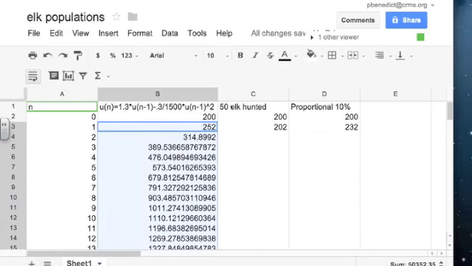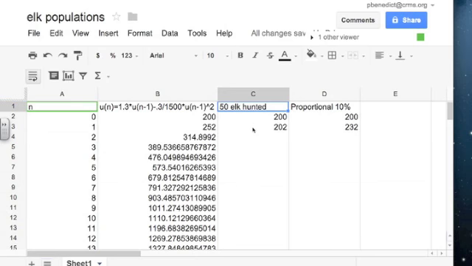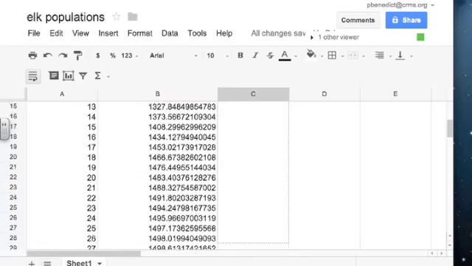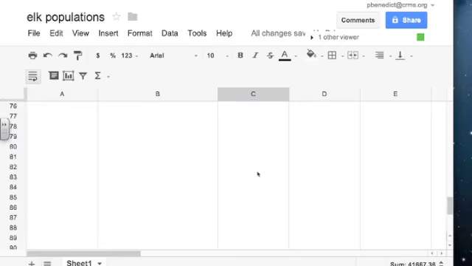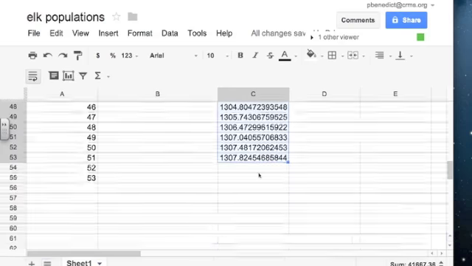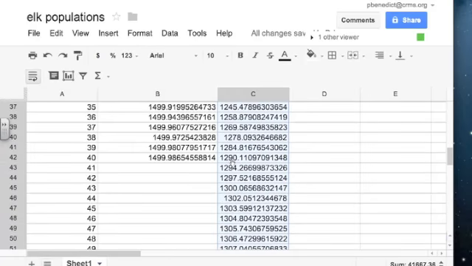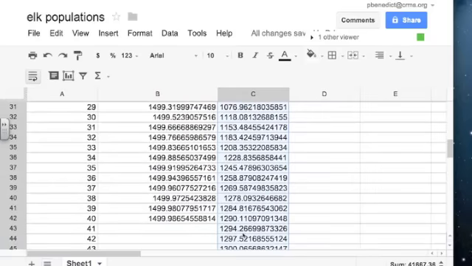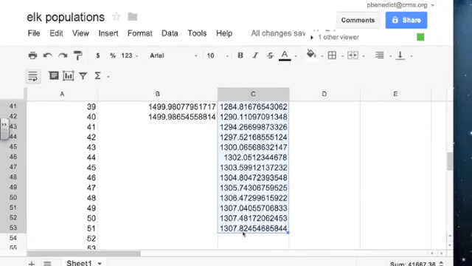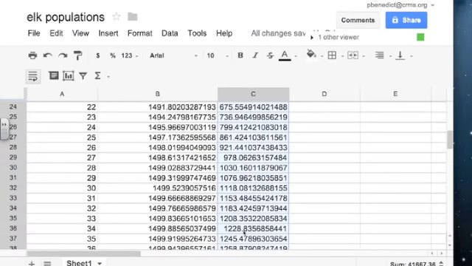This column is the 50 elk hunted, and you can see that the only difference is this minus 50 on the end there. Let's see what happens with that population. I pull that down to a similar range, and you'll notice that it no longer goes up to that 1,500 mark. It seems to level off somewhere just over 1,300.